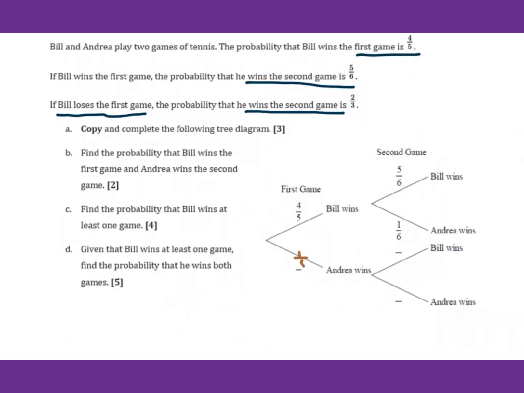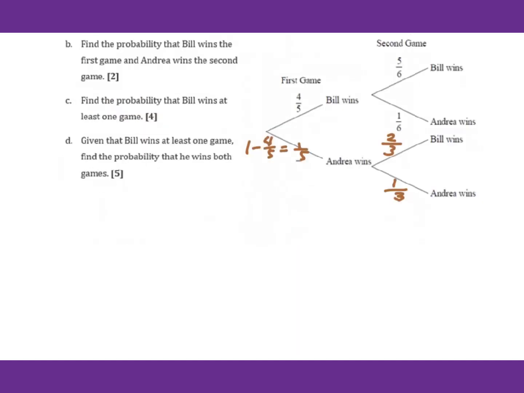This will be 1/5 because 1 minus 4/5 equals 1/5. For Bill losing the first game, the probability he wins the second game is 2/3. So here is 2/3, and this will be 1/3.